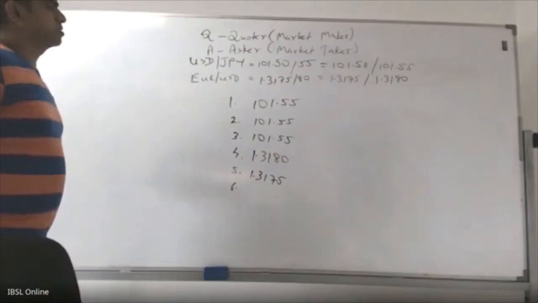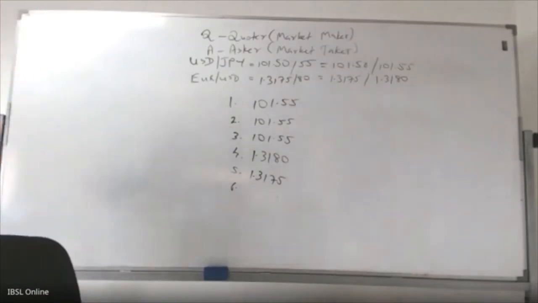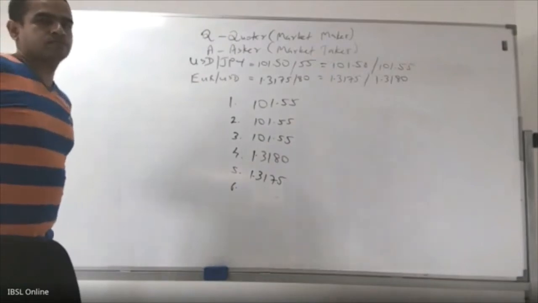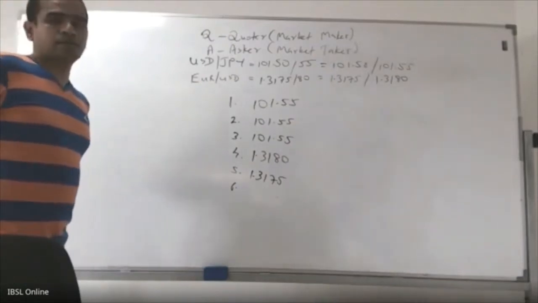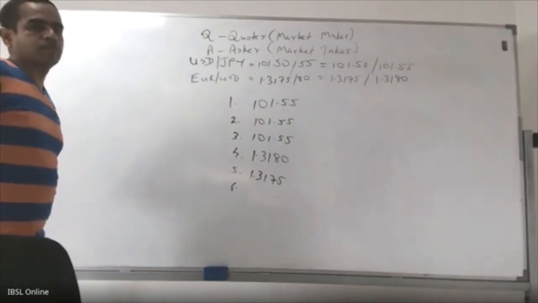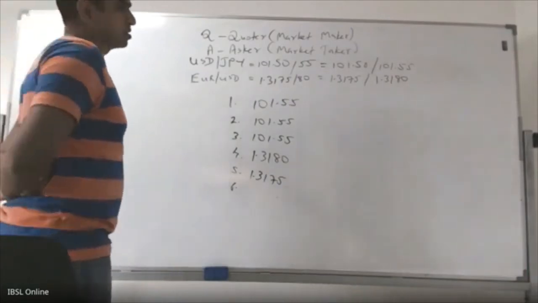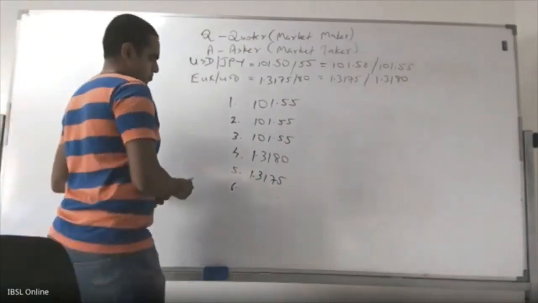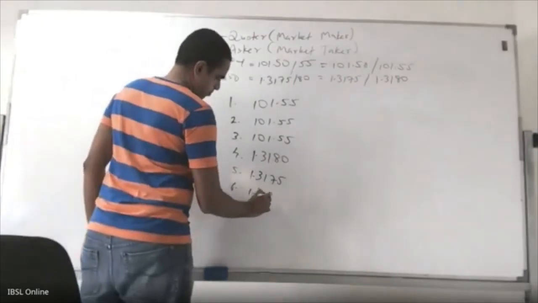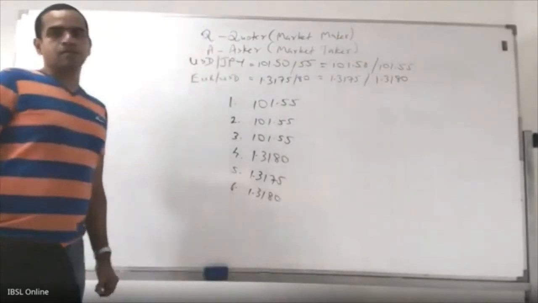Buy dollars means he needs to sell euros. At what rate does the quoter or the market maker buy dollars on euro dollar? Buying dollars, that means he's selling euro. The base currency is selling at the offer.